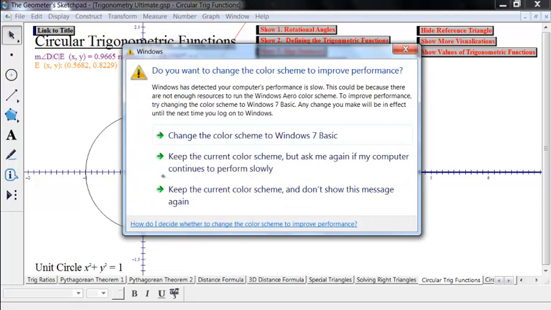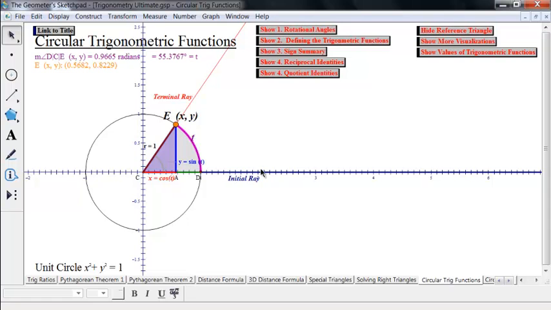And we have x is the length here, and y is the length here. So the blue length, the vertical length, is y, the horizontal is x, if the coordinates of that point E are (x, y). So the coordinates of point E are (x, y), and that's the point where this terminal ray meets this unit circle.